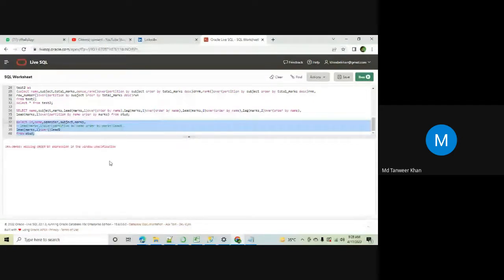See, missing order by expression in the window specification. So that's why within this you have to pass the order by. Is that clear?